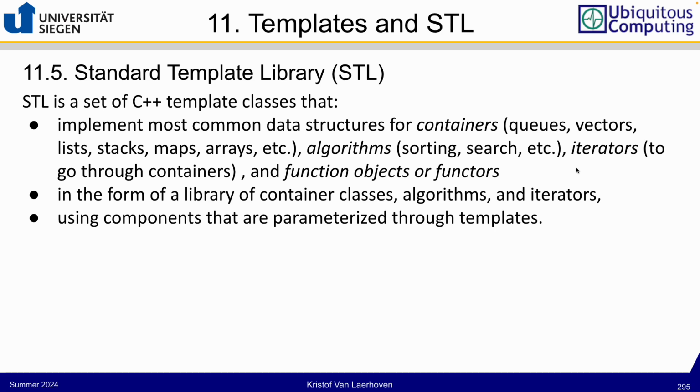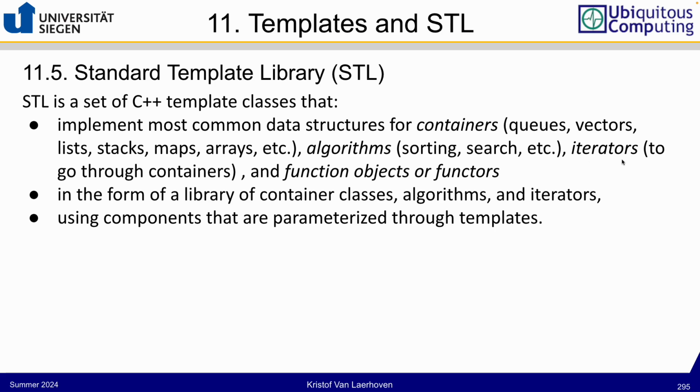What we also think of when we use STL is iterators. So typically when you have a container, you have iterators that move in that container. Think of the queue. There we would typically only have access to the head and the tail of our queue. But for other containers, we might want to move through the container. And there are also ways that we can address elements, and those are done typically through iterators.